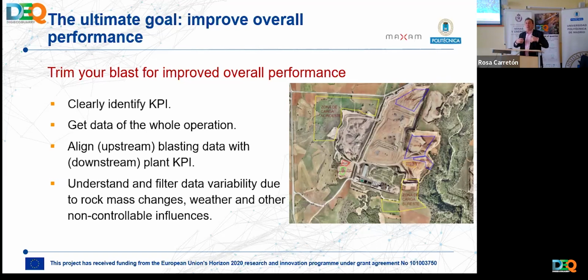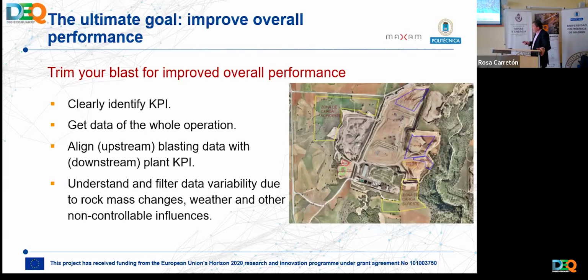What's the time, how many passes of the excavator do I need for the truck to fill up? Things like that could be KPI. But normally they are down in the plant, because this is closer to your production and to your sales material.